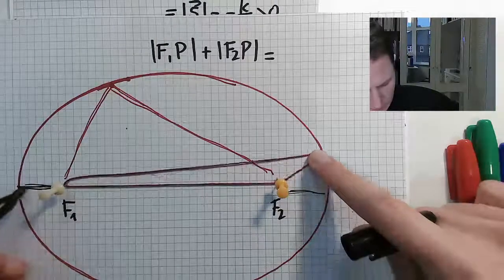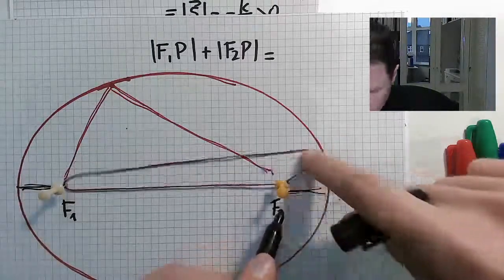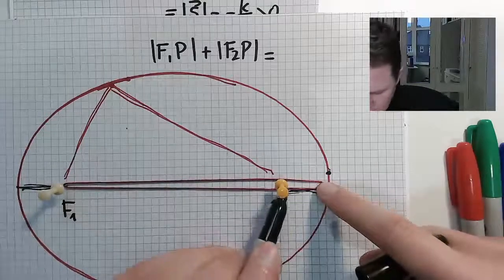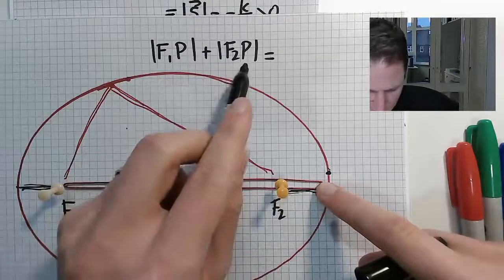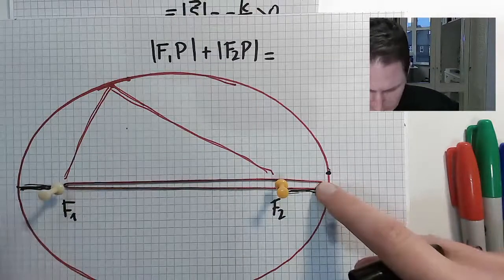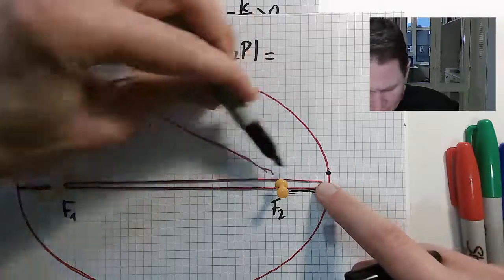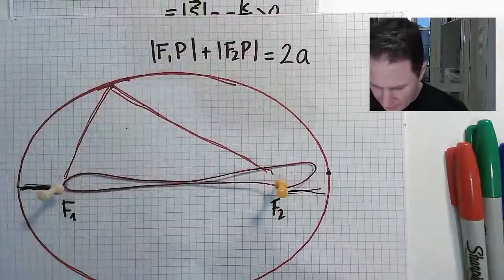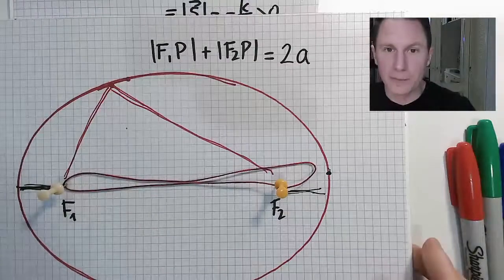You agree that this bit and this bit are equal? So I can just take this second distance and add it over to here, and in fact cover the entire major axis that is 2a in length of the ellipse.